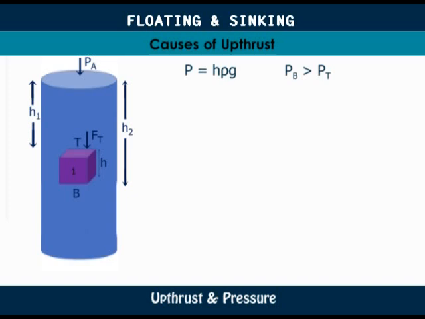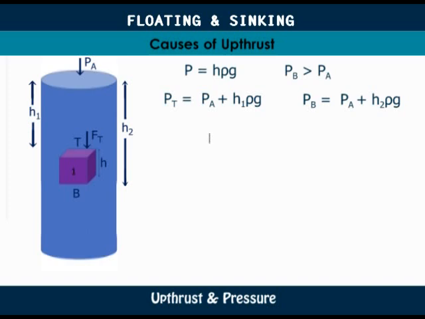Pressure PT is the sum of the atmospheric pressure plus the liquid pressure due to height H1. And so PT is equal to PA plus H1 rho g. PB is the sum of the atmospheric pressure and the liquid pressure due to height H2. So PB is equal to PA plus H2 rho g.